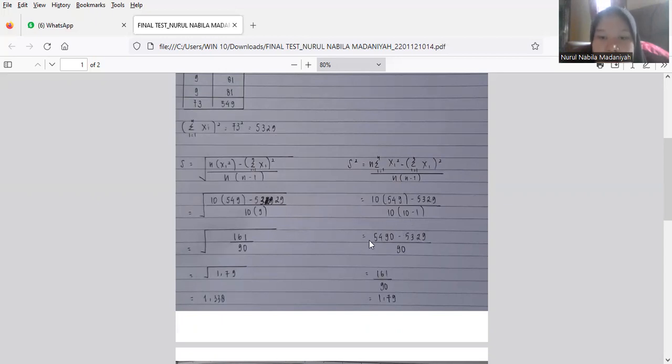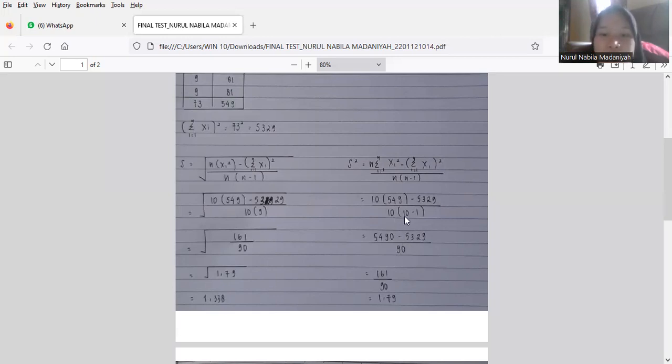And then we move to the next step. How can I get 5,490? It is from 549. I times 10, and then I minus it with 5,329 per 90.